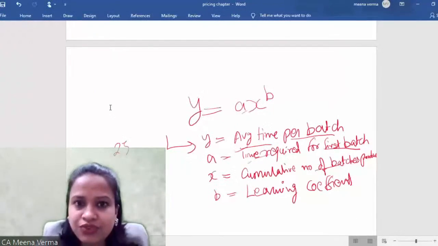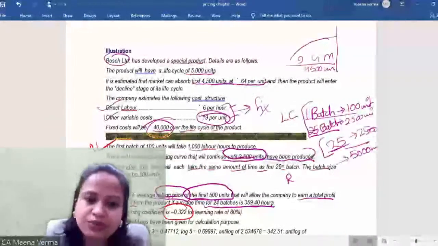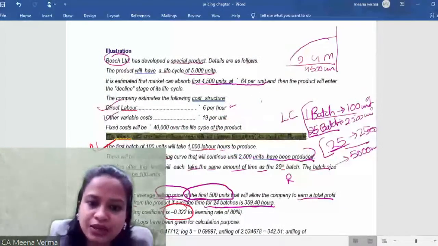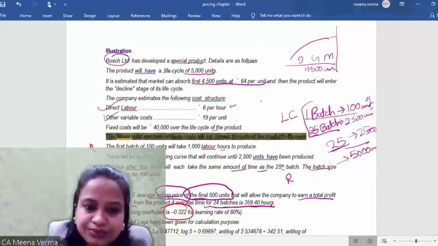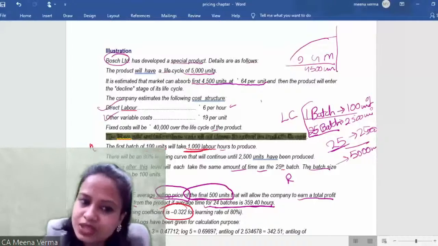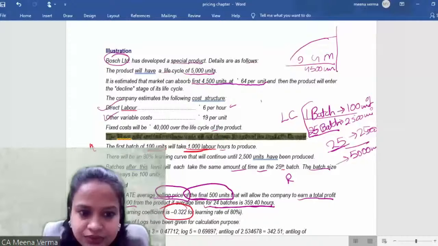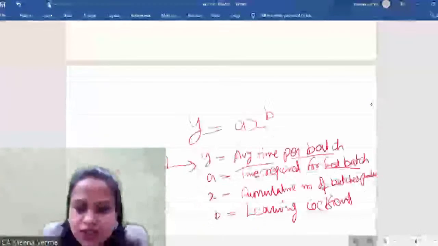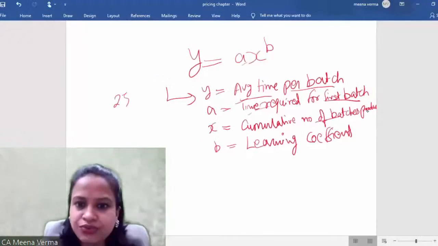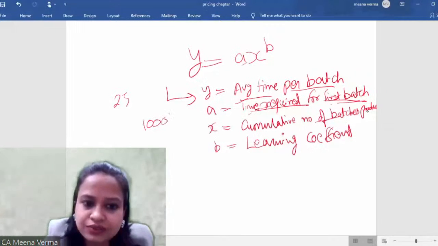Time required for the first batch, that is 100 units. They have mentioned that in one batch they are producing 100 units. So the average time required for the first batch is 1000 hours. It is given.